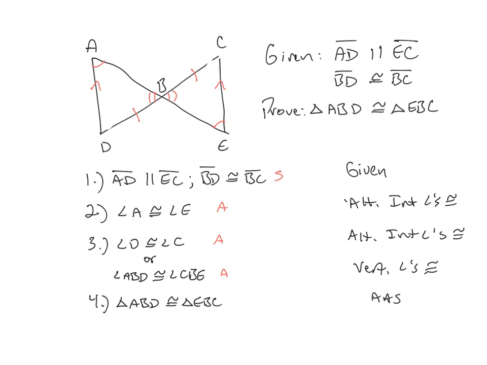If these two angles at the bottom of the triangle are congruent, then the base angle theorem says that AC is congruent to AB. The sides opposite them are congruent. So that'll come up on one of the problems.